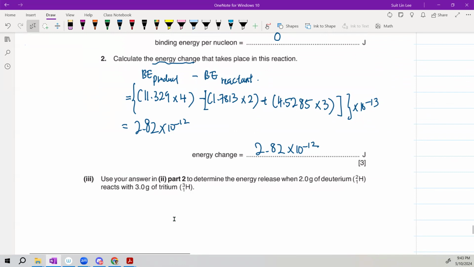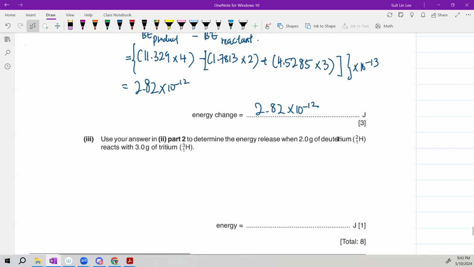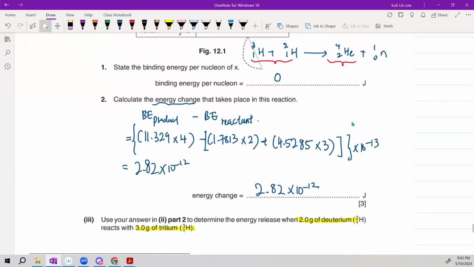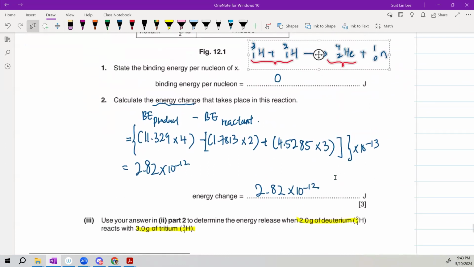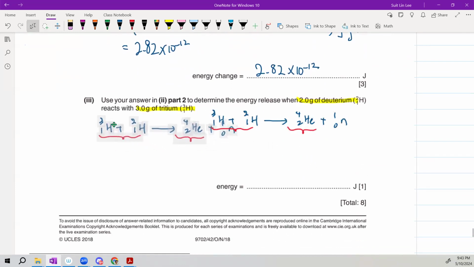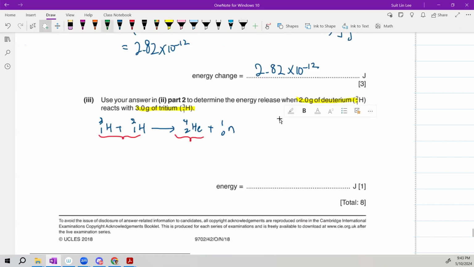All right. Using this answer, determine the energy release when 2 grams of deuterium reacts with 3 grams of tritium. Hang on, let me yoink this one first. So those of you who do chemistry, this is an easy question now. But if you don't do chemistry, maybe some help understanding for you.